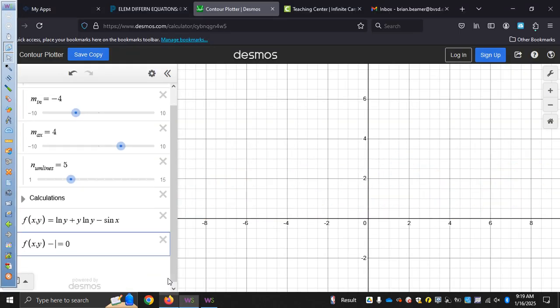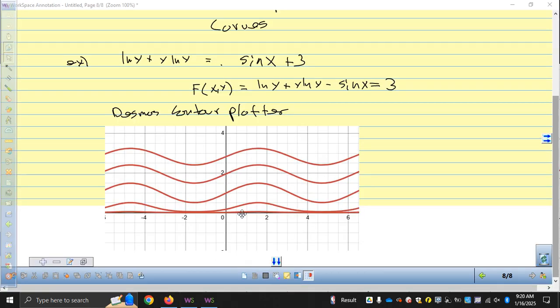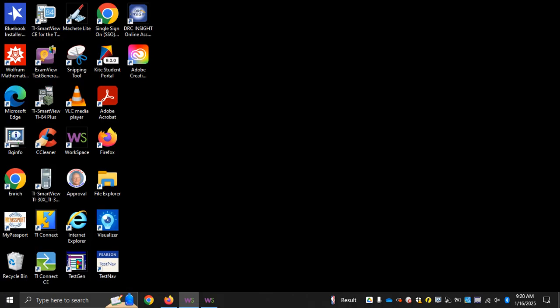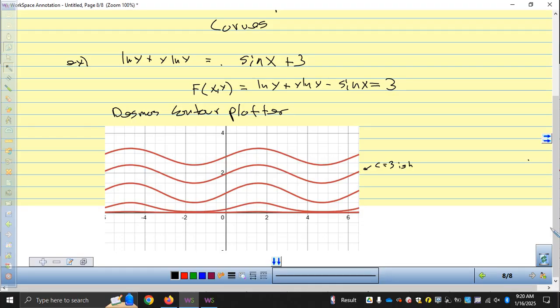This was when C was 3. It was here-ish, but I think it's a little different. Not exactly our solution curve, but it's close.